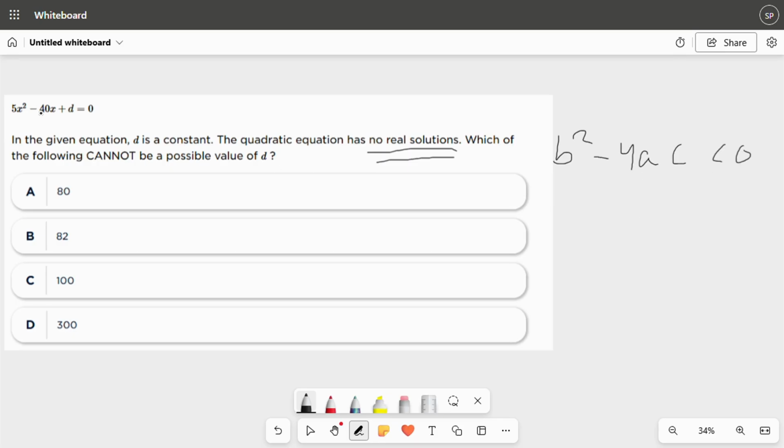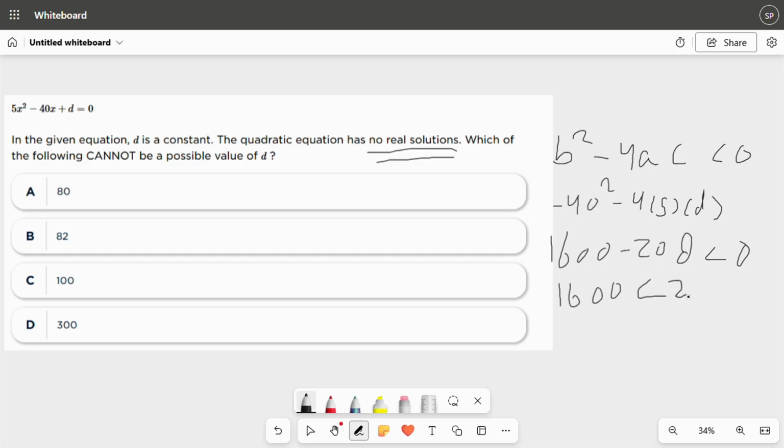A would be 5, B would be negative 40, and C would equal D. So B squared is negative 40 squared, minus 4 times 5 and D. So that'd be 1600 minus 20D is less than 0. We can add positive 20D on both sides. 1600 is less than 20D.